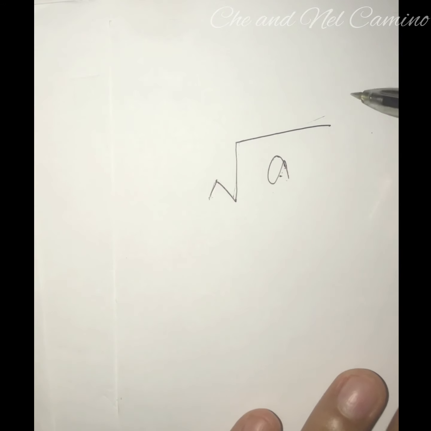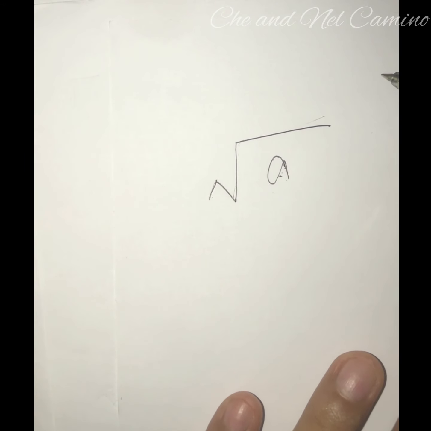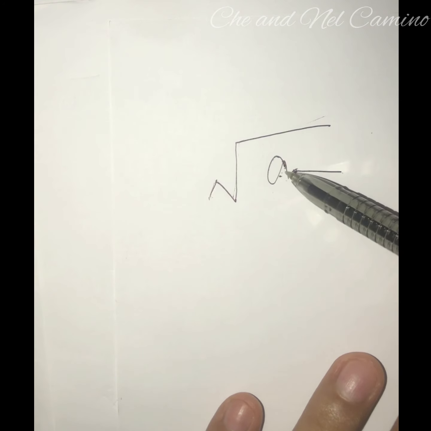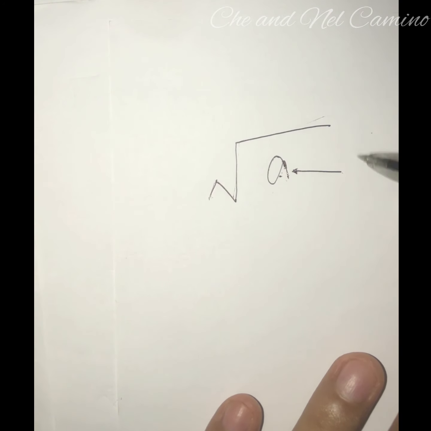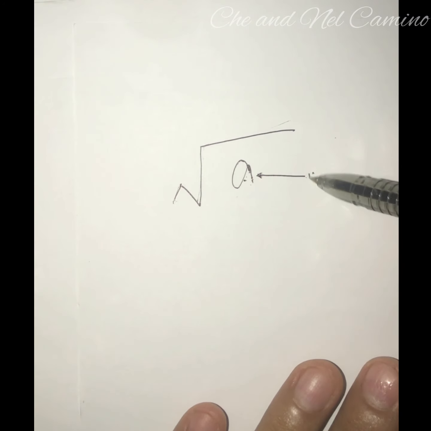So let's name all the parts of the radical expression. So let's begin here. This letter A here, that is called radicand.